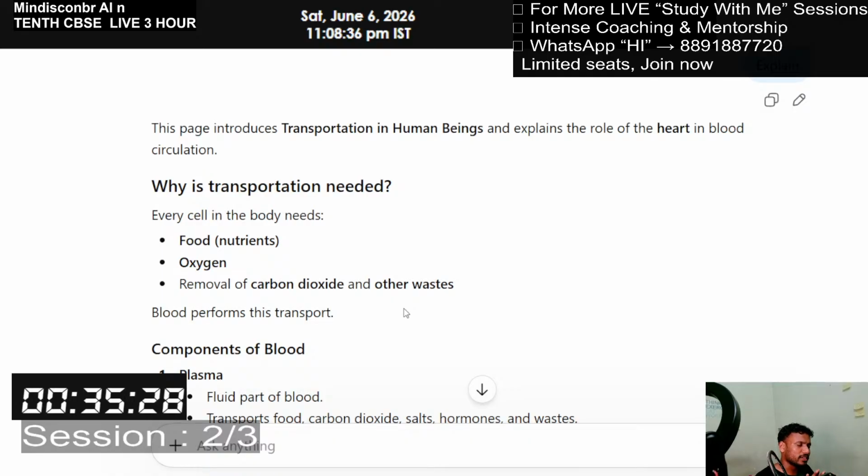Each second the cells require food, oxygen, and nutrients. So the human body is just amazing, extraordinary.